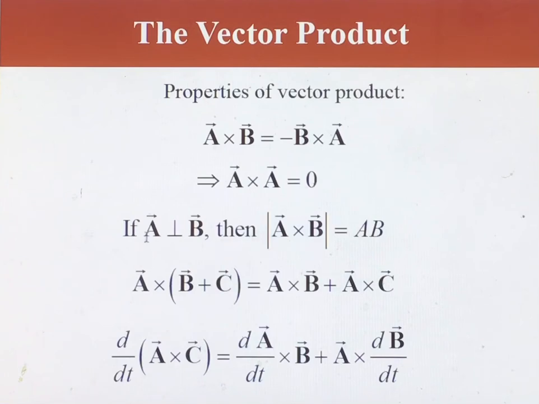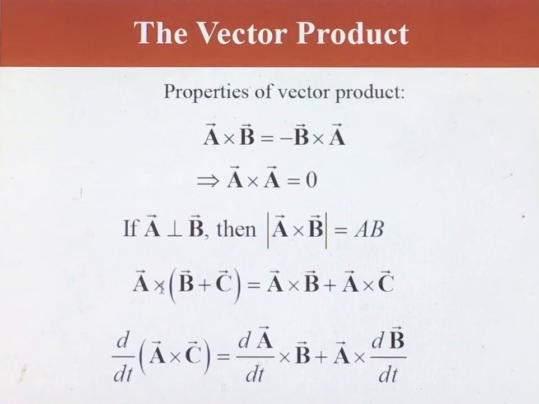Also notice that if A is perpendicular to B, at 90 degrees, then the magnitude of the cross product of vector A and vector B is just equal to the magnitude of vector A times the magnitude of vector B.